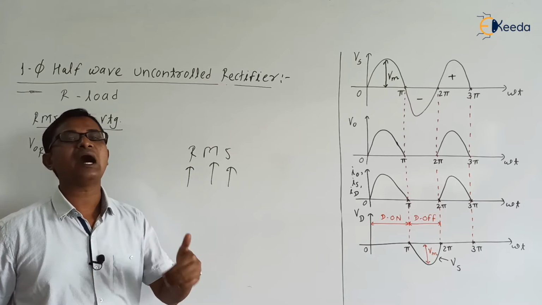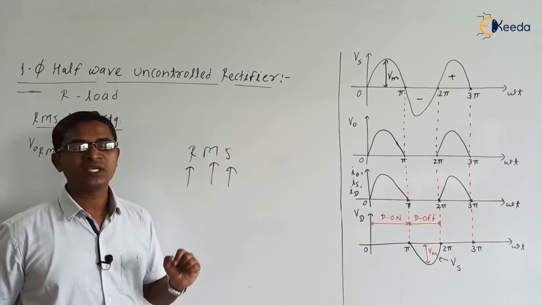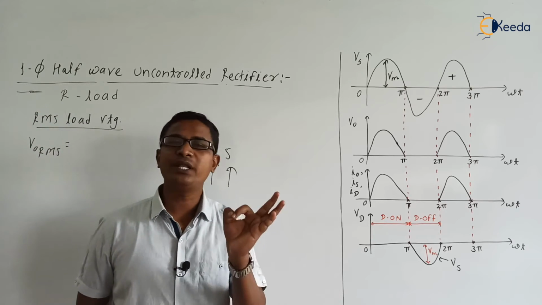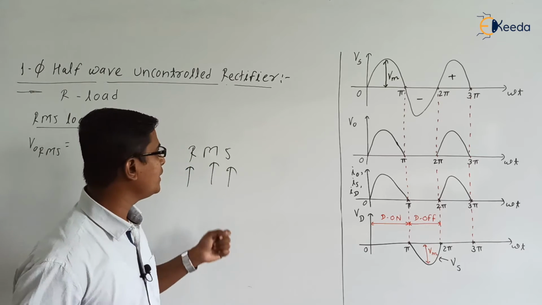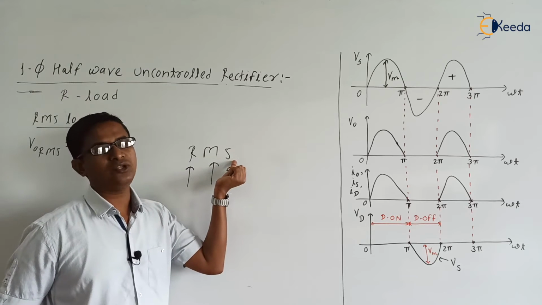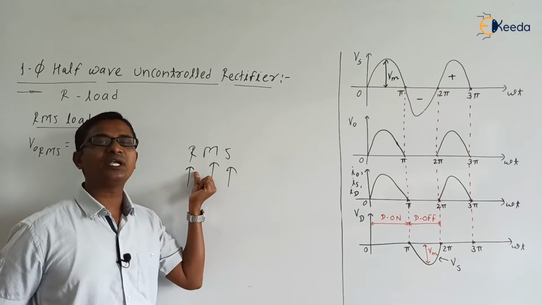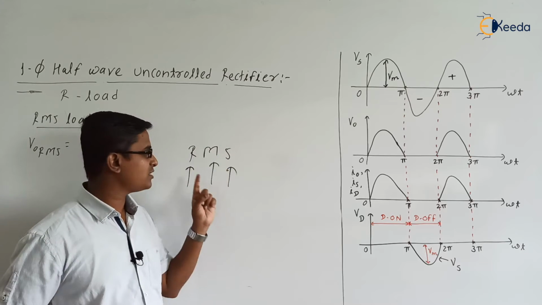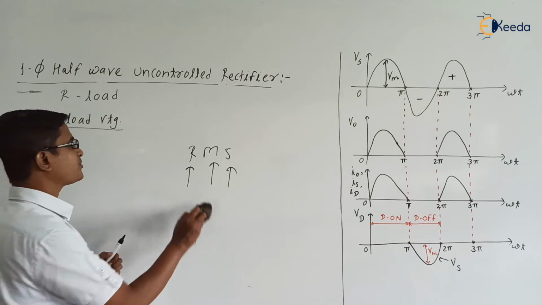In V0 average we derived the expression for the average of the instantaneous values, but now we need to square the instantaneous values, then take the average, and then put it in the square root. That is nothing but the root mean square.